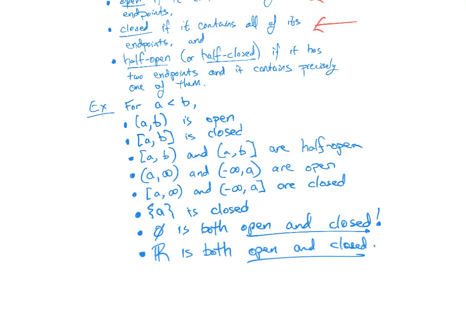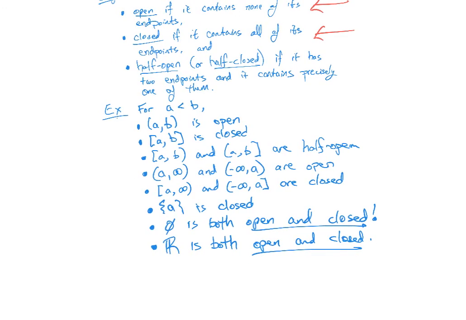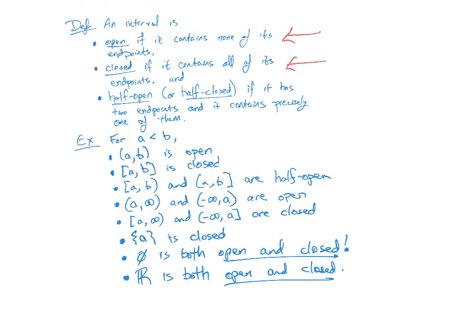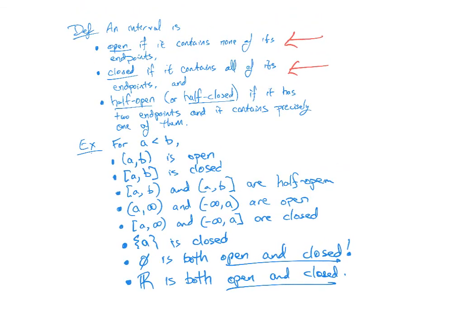Excuse me, but how do we know if the empty set is open and closed if it doesn't seem to have any endpoints? We're just following the definitions. Okay. Right? We made those definitions, and now we're saying, okay, according to those definitions, it's open and it's closed. Same with the real numbers.